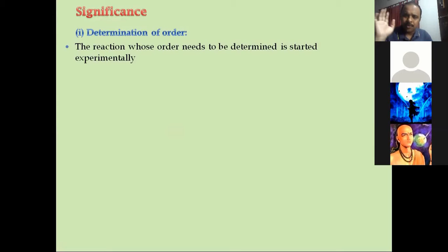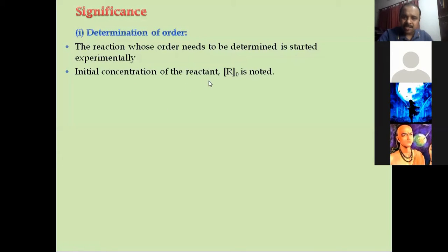So what do we do? There is some reaction, and we don't know its order. Order is an experimental quantity. Order must be determined experimentally by carrying out the reaction.